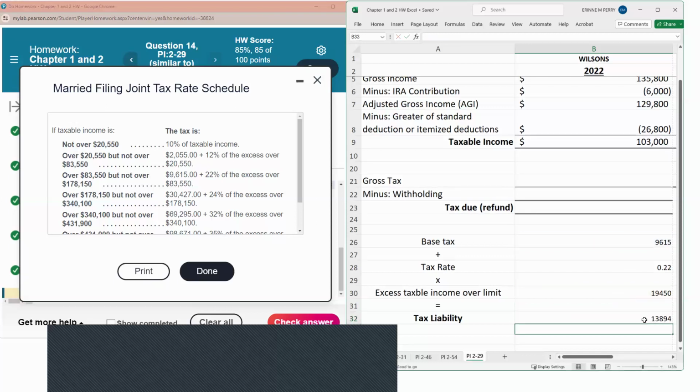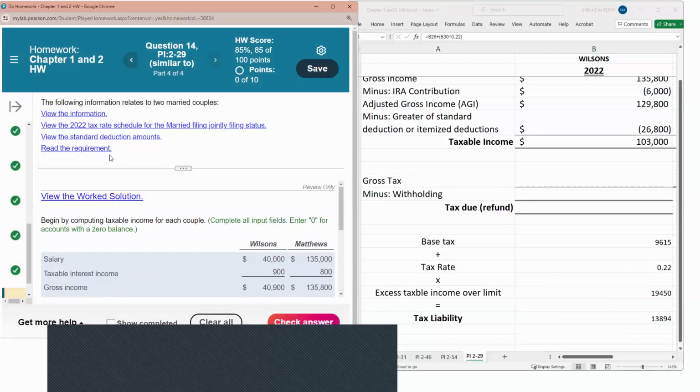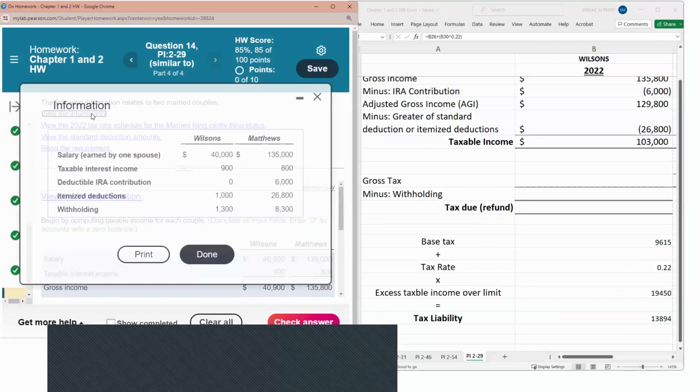So the Matthews' tax liability using the 2022 tax rules would be $13,894.